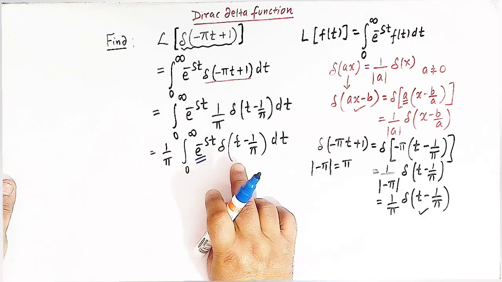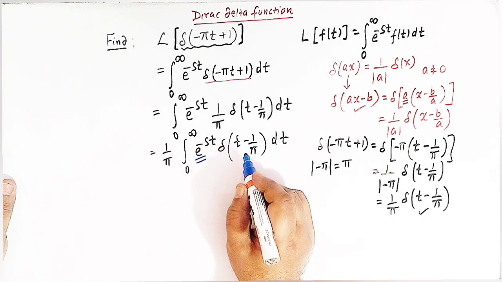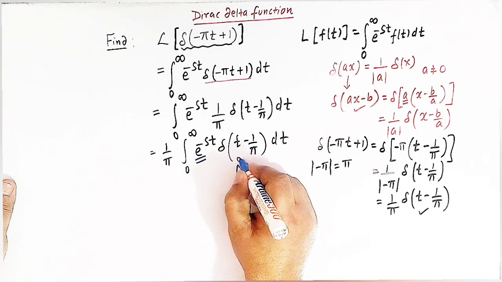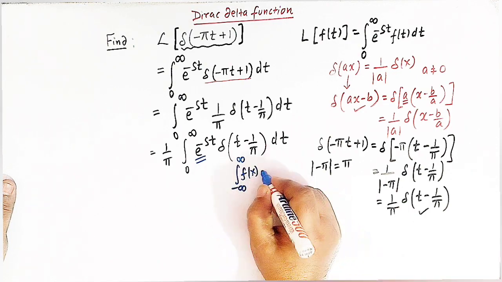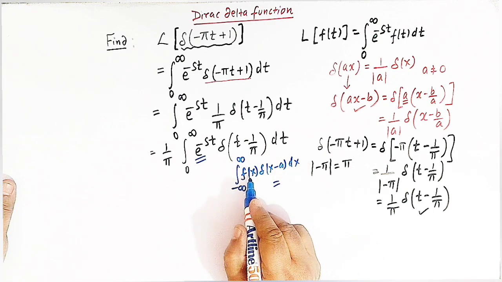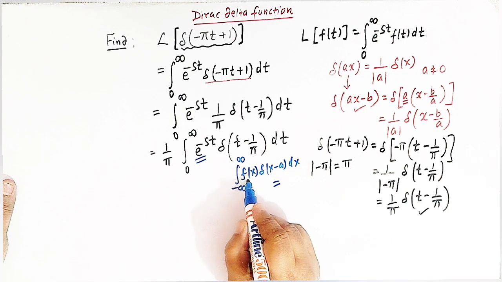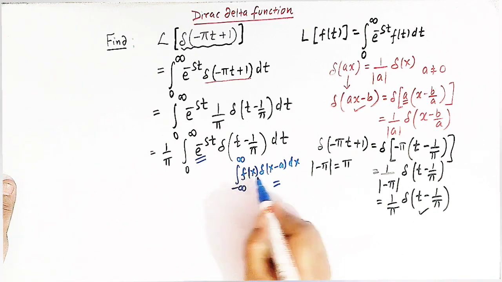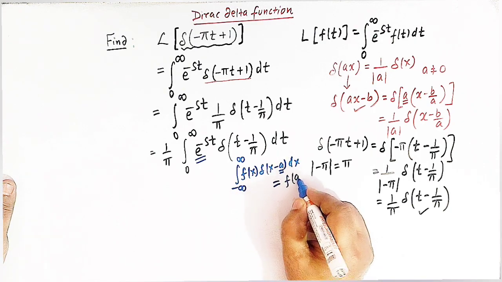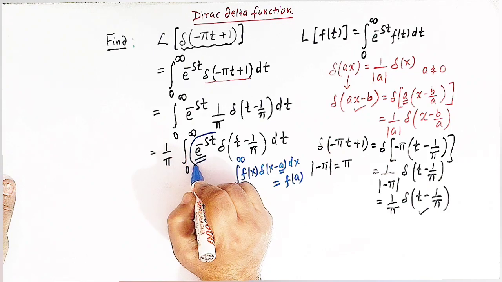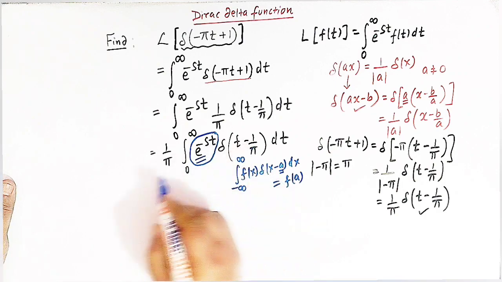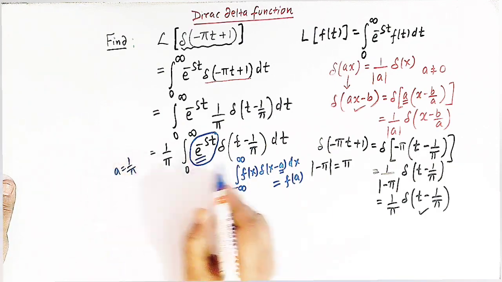We can evaluate this integral by using the definition of delta function: the integral from minus infinity to infinity of f of x, delta of x minus a, dx, is given by the value of the function f of x at this point, that is f of a. Here the value of a is 1 over pi.